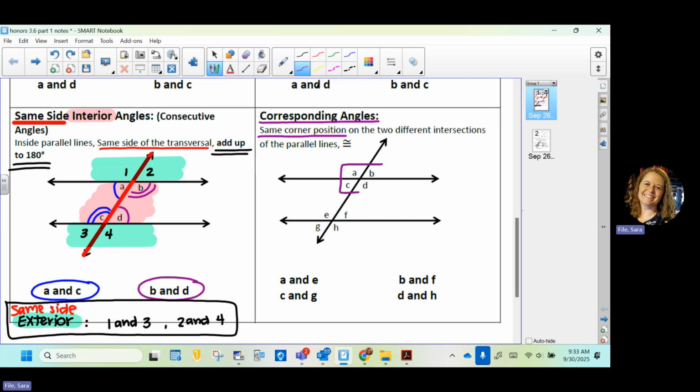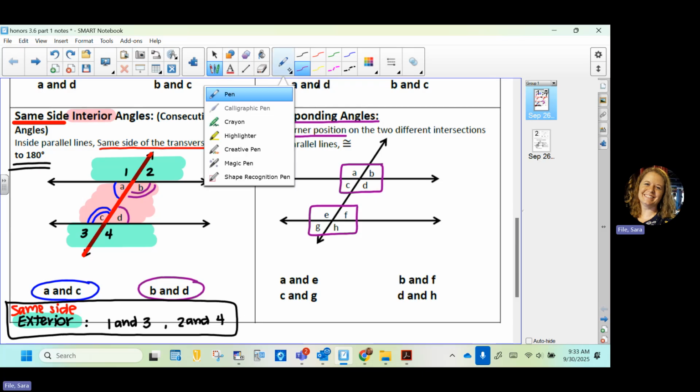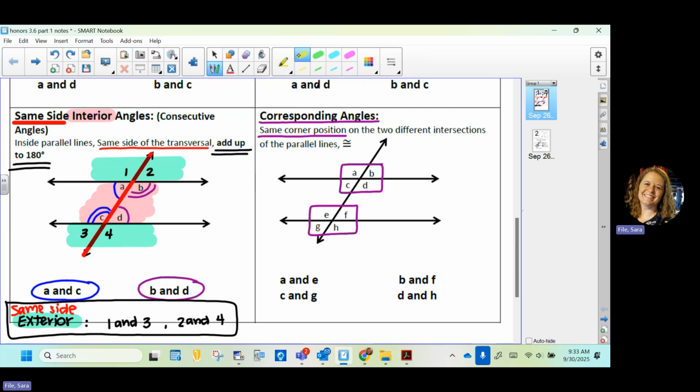There's the top intersection and there's the bottom intersection. So when I say they have the same position, I'm saying A is the top left angle. What's the top left angle at the bottom intersection? E. So A and E correspond. They are corresponding angles.